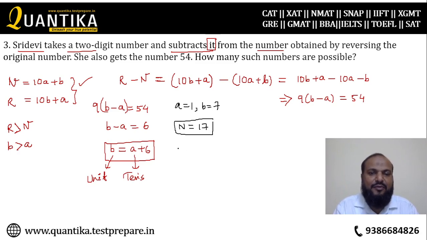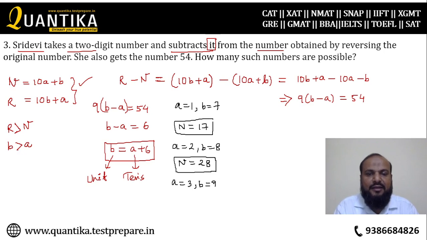When you take a is equal to 2, b becomes 8, and the number becomes 28. When you take a is equal to 3, b becomes 9, and the number becomes 39.